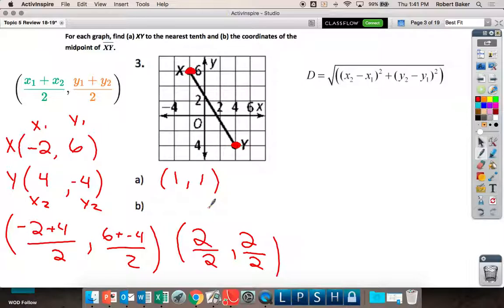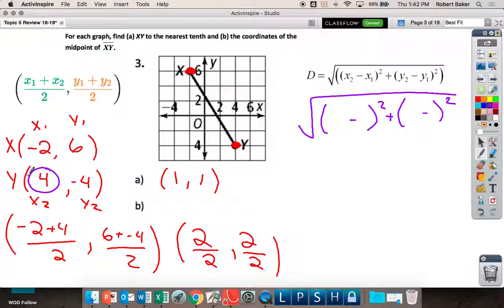Then you have to go back and do distance as well. So I have my x coordinates, I have my distance formula. I'm trying to plug the numbers into the right spot. So what's my second x value? 4.